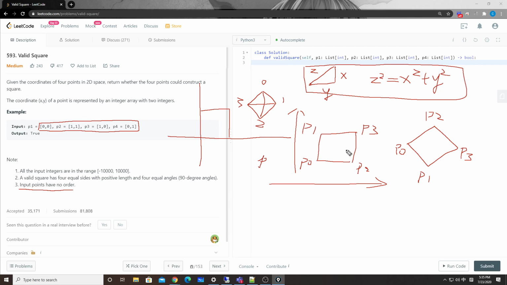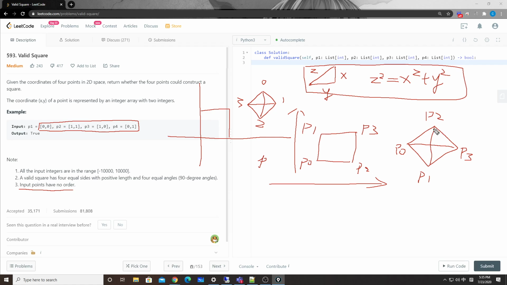So we can just sort by x and y. Then we can use this to compare the distances. Of course, we need to compare the two diagonal lengths, that's for sure. And for the other edges, we don't have to compare everything.